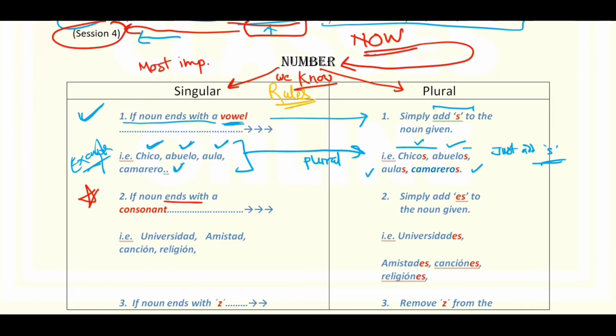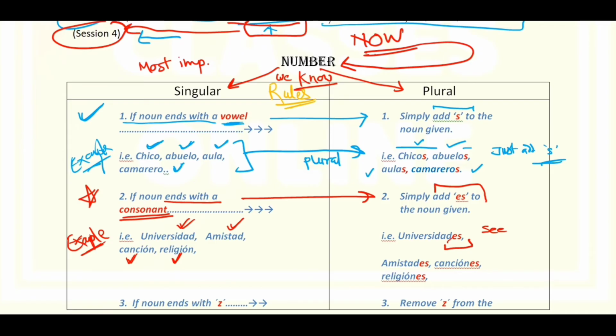Second point, if any noun is ending with a consonant, that is the rest of the letters, what we have to do is just add es to that word. Add es, nothing else, and you will get the plural. We have 4 examples: universidad, amistad, canción, religión, and we are going to convert them to plural. First, universidades, we have added es.